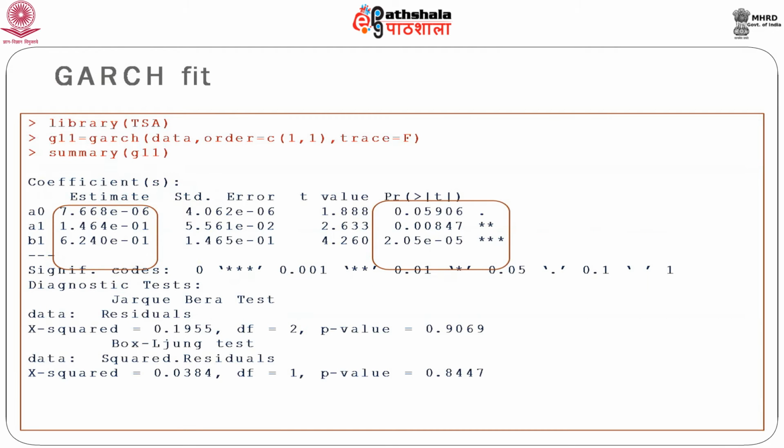It will directly give you the results, and that object was stored in the g11 variable, which is actually a GARCH object. It has all the results. The summary can be generated by the summary function on g11. The effects are quite similar, but not exactly what I assumed.